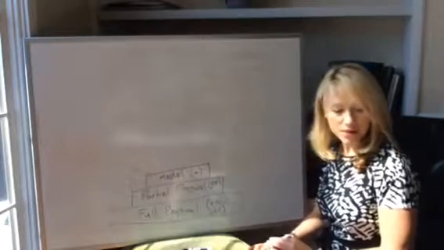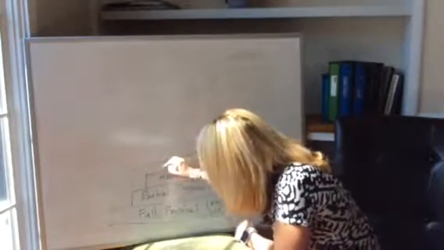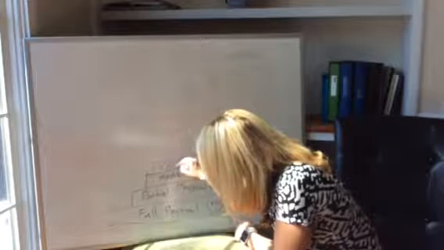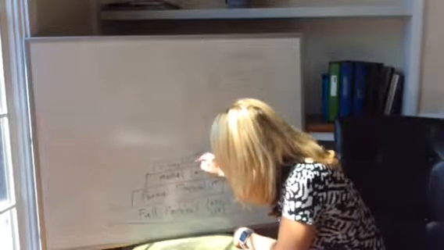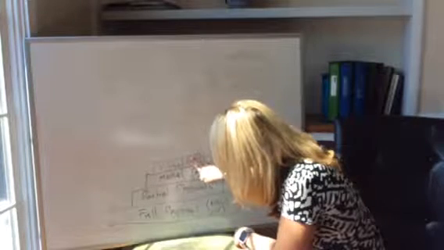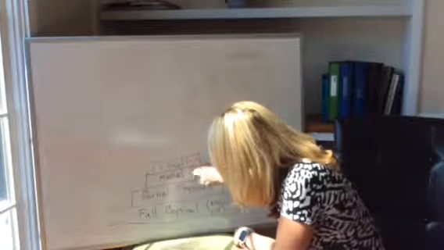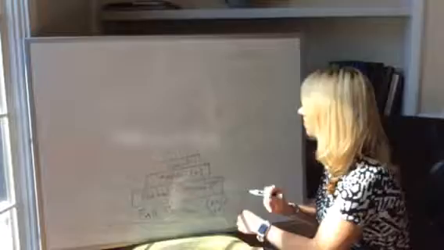Next, less intrusive is using something like a visual or picture. We'll call that a visual prompt. I don't want to confuse you here, so we're just going to do V for visual.